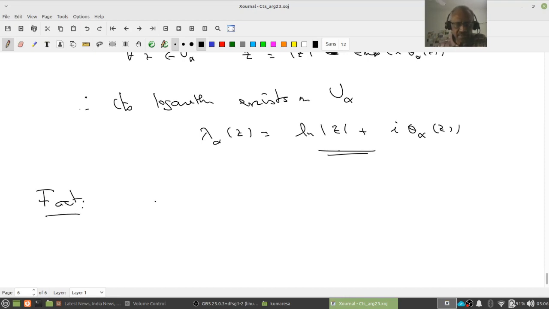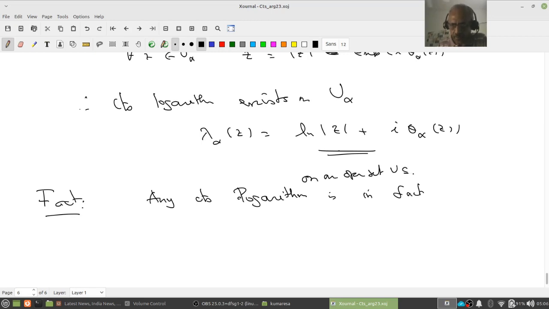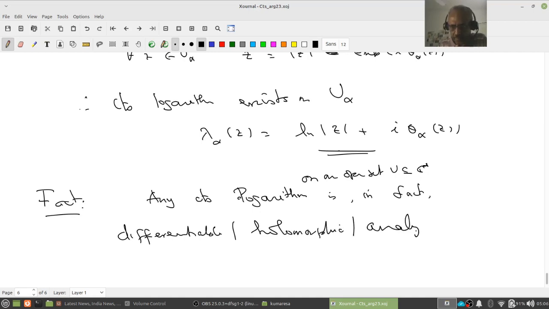The interesting fact is any continuous logarithm on an open set is in fact differentiable, or holomorphic, or analytic, I don't know which way you know, on U.